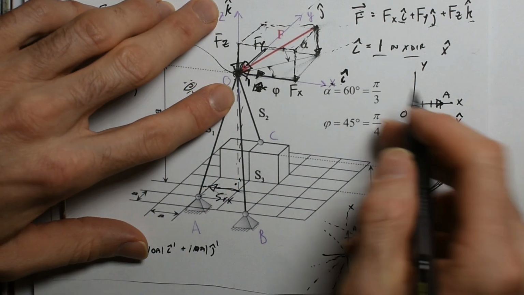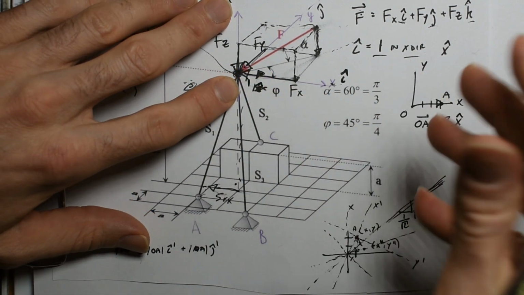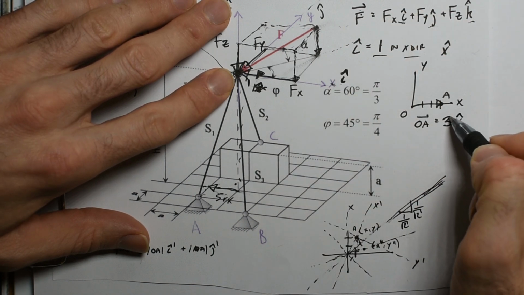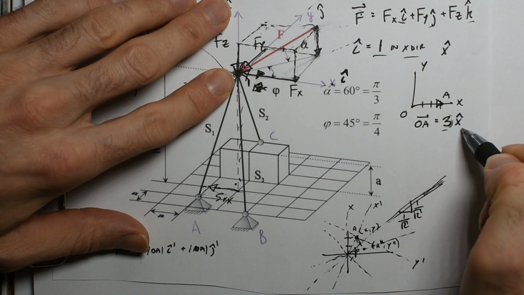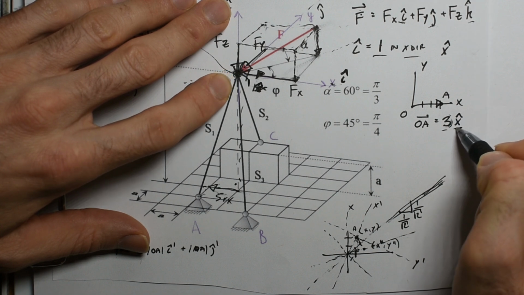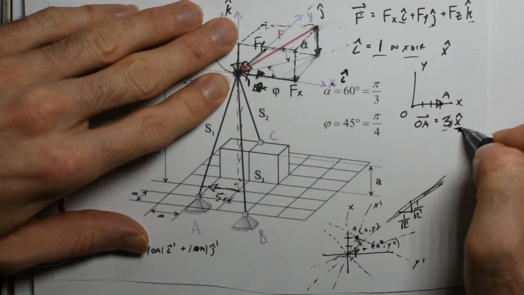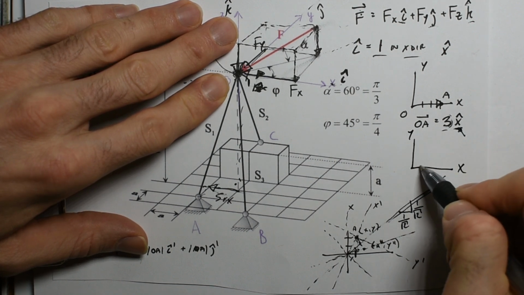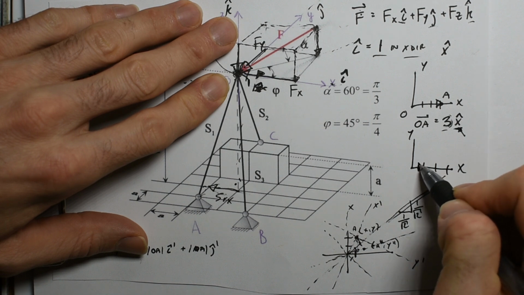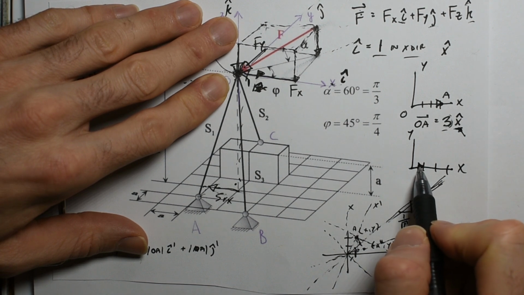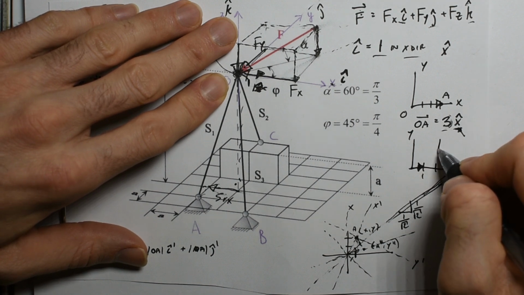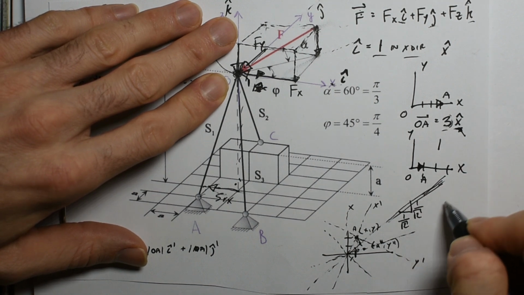Because this gets into the idea of what I'm talking about, is if you have a vector, what can you do with it? Can you multiply? In this case, this 3 is just a scalar, and then this is the vector. But this is the vector with a magnitude of 1. So if I draw my picture again, x, y, and I do 1, 2, 3, this vector that only goes to this distance is, let's just say, OA prime.